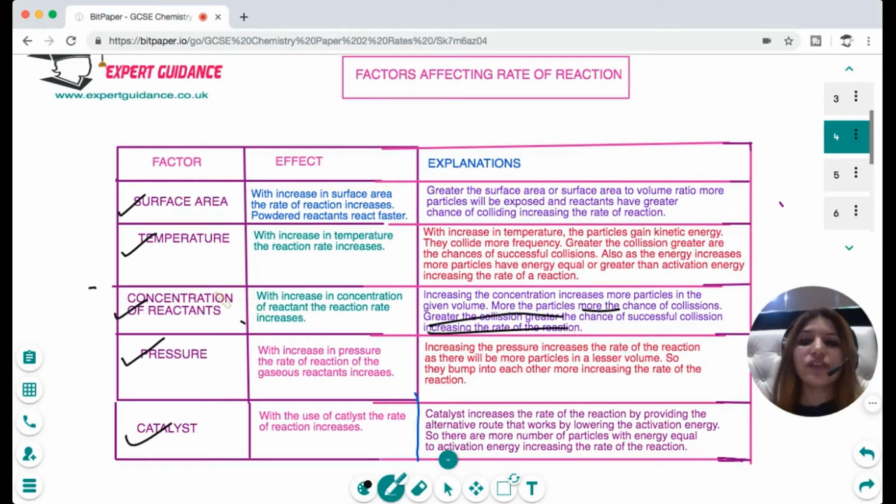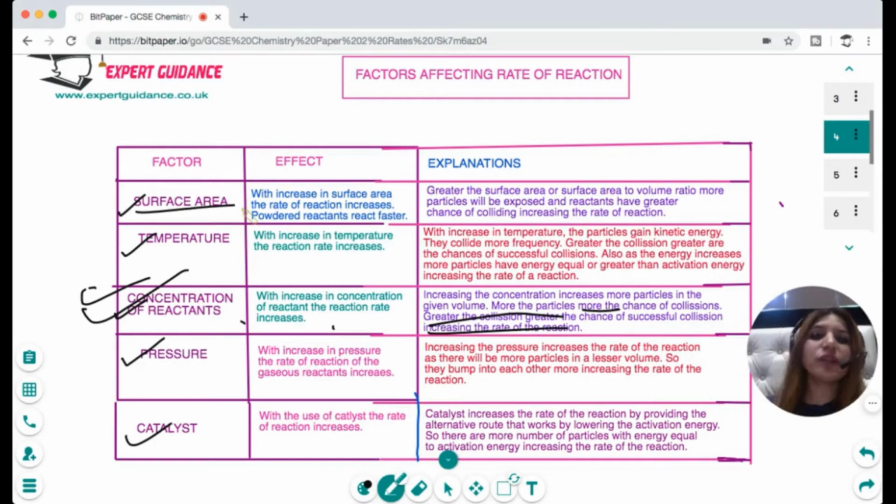So if this question comes in the exam, how concentration of reactant affects the rate of reaction, make sure you explain the collision theory, that for the reaction to occur, we require collisions and successful collisions. So if there are more particles, there'll be more chances of collisions and more chances of successful collision, increasing the rate of reaction.